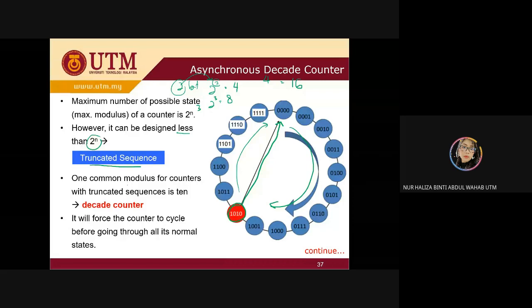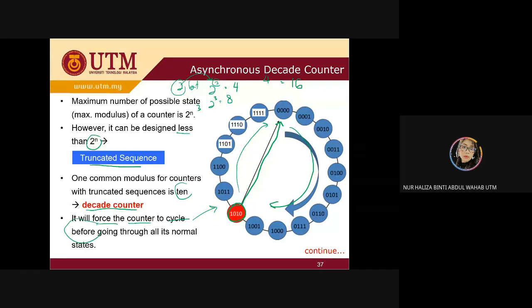asynchronous decade counter that you normally meet later on, which is modulus 10. Later we will see it in the next slide. This one we call the decade counter. Okay, this is the decade counter. It will force the counter to cycle back before going through the normal states.